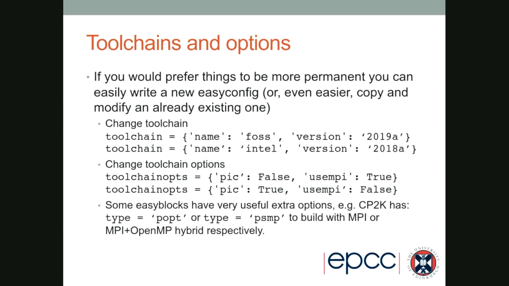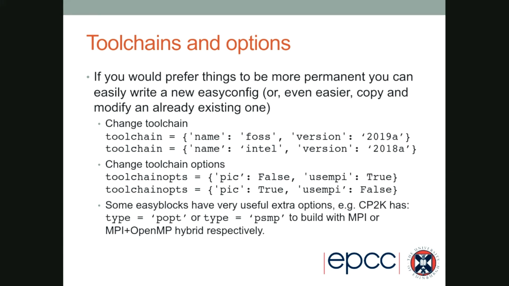Some easyblocks, depending on what's being installed, have very useful and indeed important extra options. The example I'm giving here is if you're trying to build CP2K, then depending on how you want people to use it on your cluster, you may want them to use pure MPI, or you may want them to use MPI-OpenMP hybrids, or both.